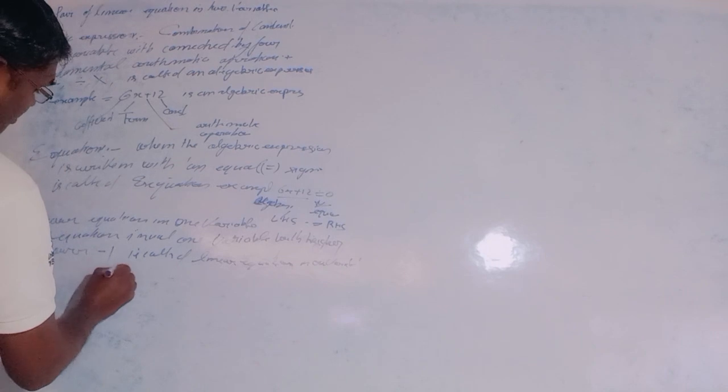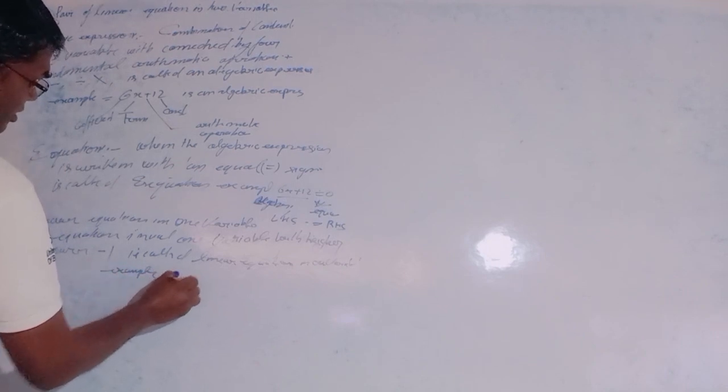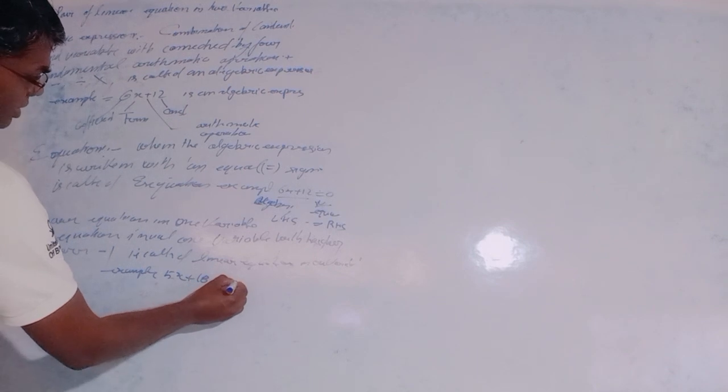For example, 5x plus 18 is equal to 3 plus 4x. These are linear equations in one variable.